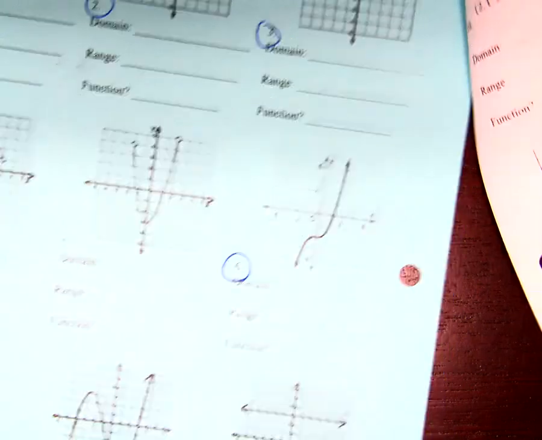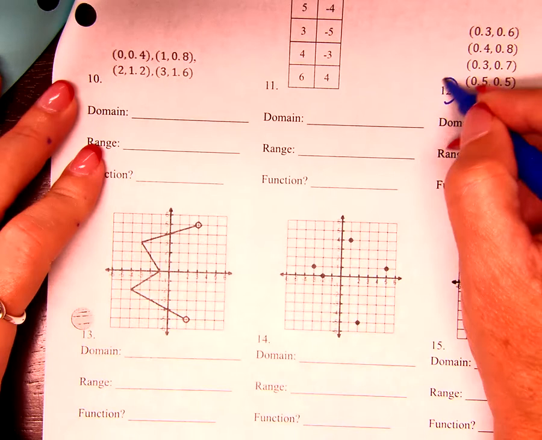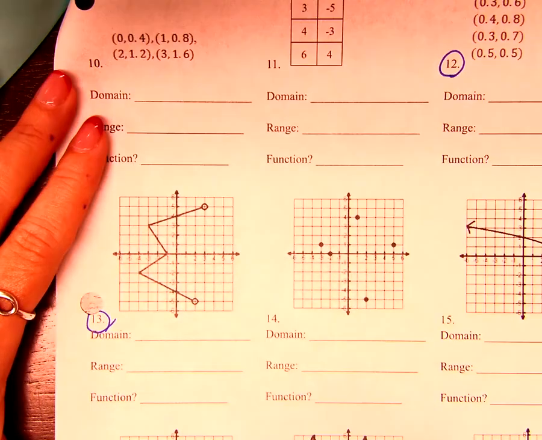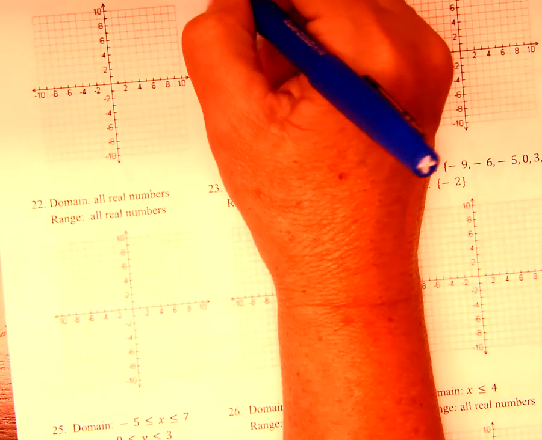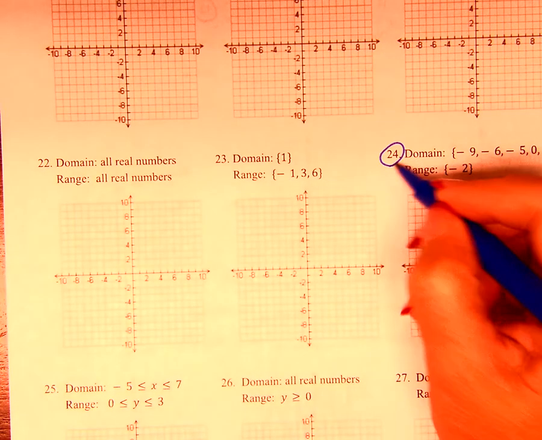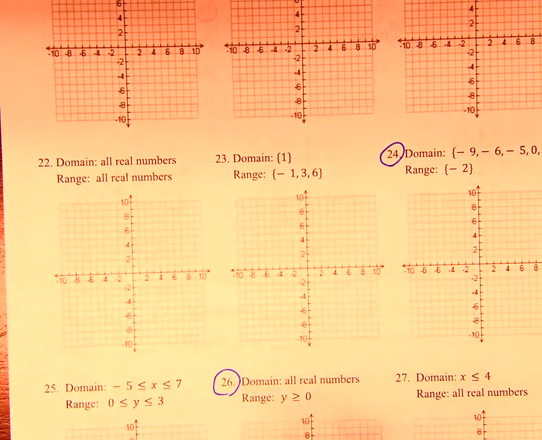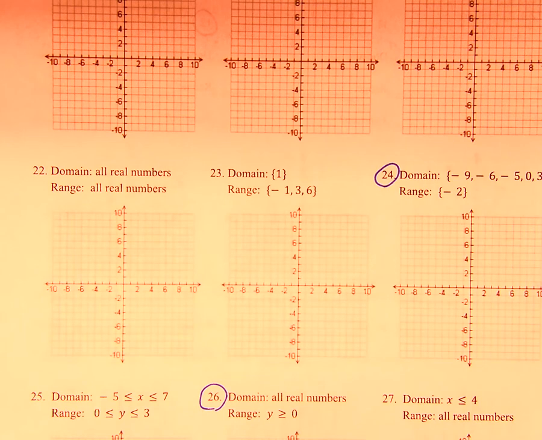Go to the next page, please, and circle number 12 and 13. And then go to the last page, please, and circle 20, 24, and 26. Okay? I believe that's 11 questions that we circled.